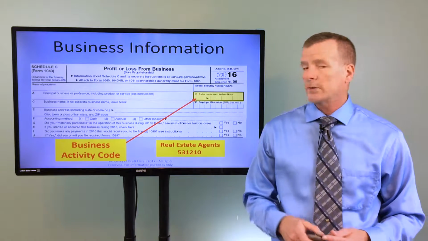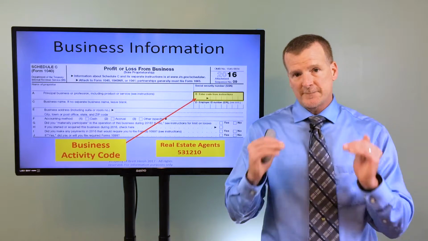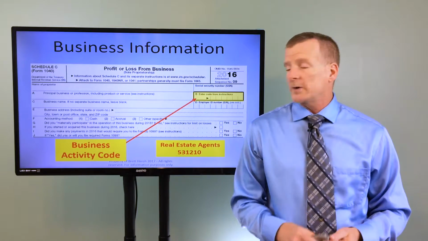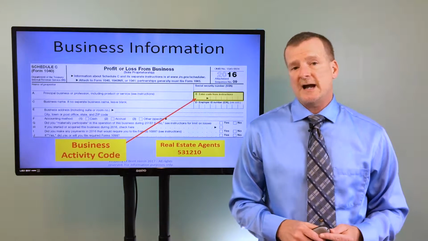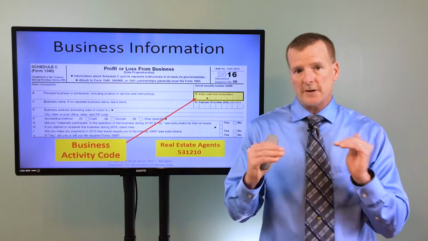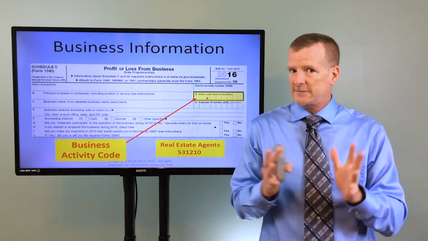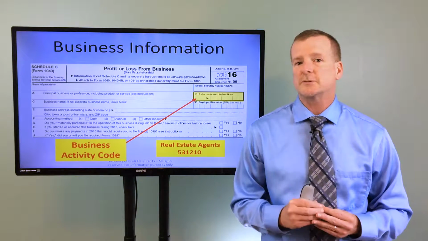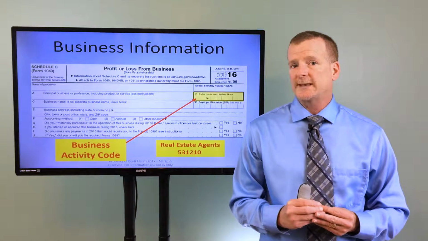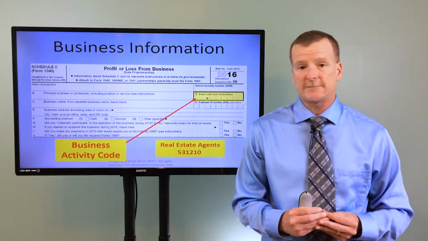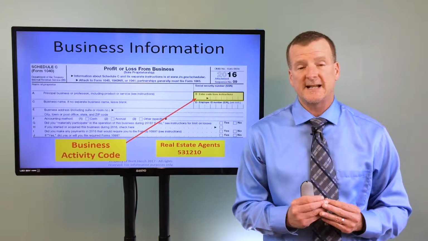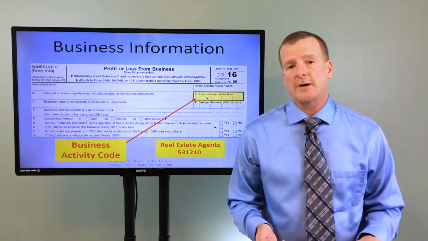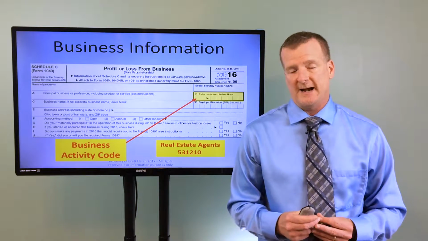Now this code is very important to the IRS, and as I may have mentioned earlier, based on whatever code you put in there, the IRS computers are going to look at this return and kind of match it up to how they think the return should look. So if you have any really crazy numbers on your return that are out of whack with what they expect to find on a form with this business code for real estate agents, that's when you can cause yourself problems or possibly be audited by the IRS.